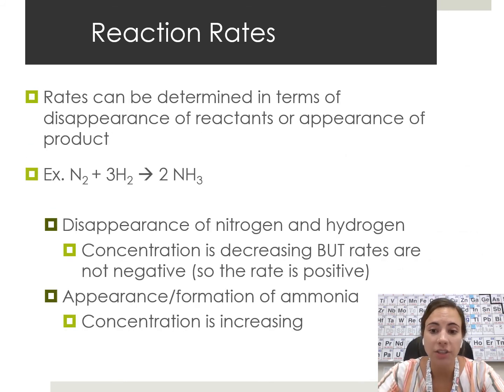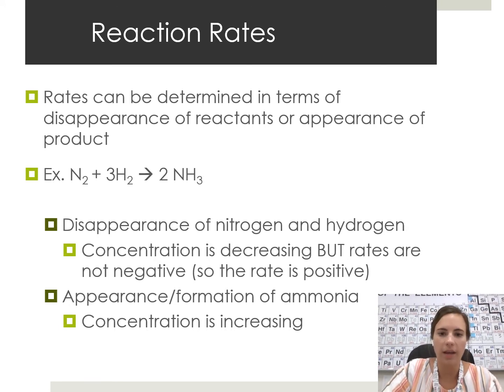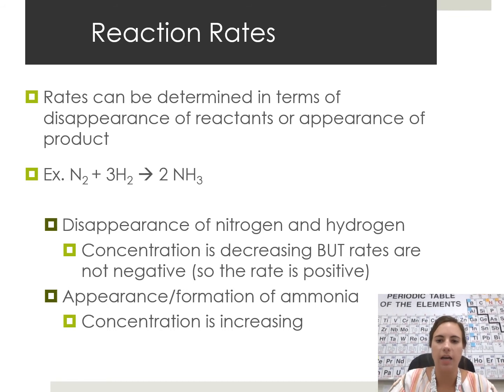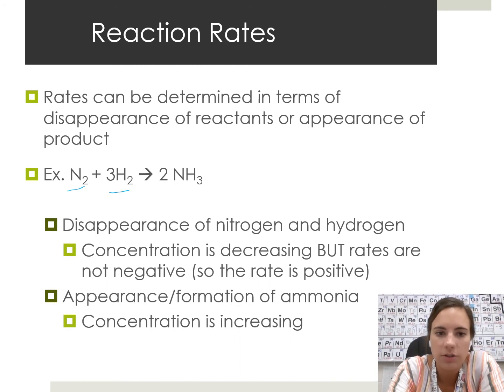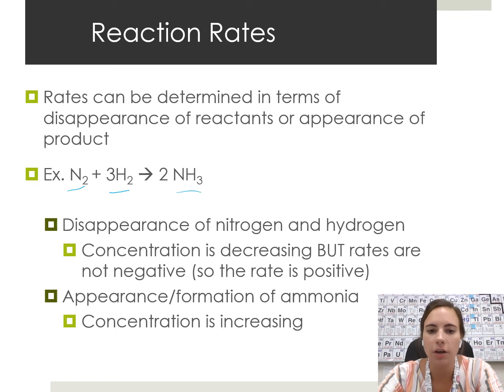So as we mentioned in the previous slides, rates can be determined as disappearance of reactants or the appearance or formation of products. So in this equation right here, we have nitrogen gas and hydrogen gas forming ammonia. So it would be the disappearance of nitrogen and the disappearance of hydrogen, or how they're used up, and then the appearance or formation of ammonia.